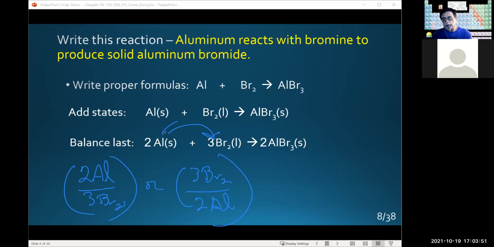And between aluminum and aluminum bromide, it's a 2-to-2 or 1-to-1. And between the bromine and aluminum bromide, it's 3-to-2. So like I said, be aware of the ratio. Might as well get used to it now because it'll be coming as far as our calculations are concerned.